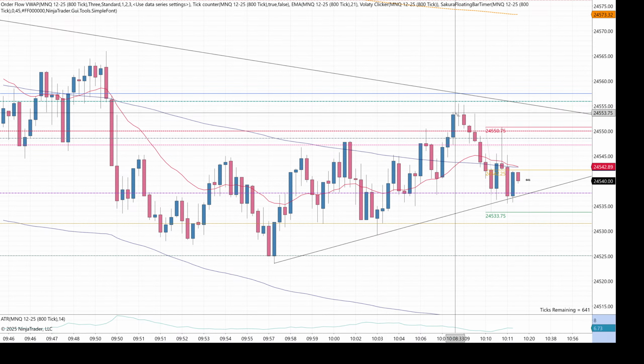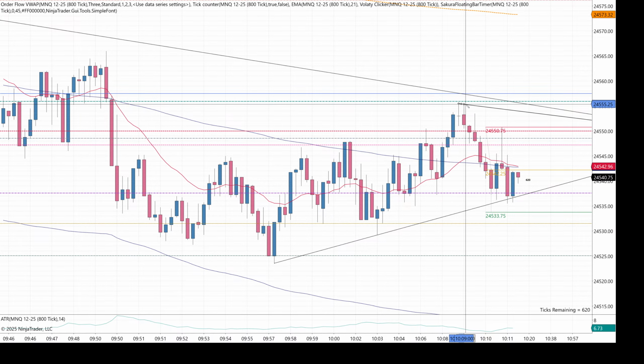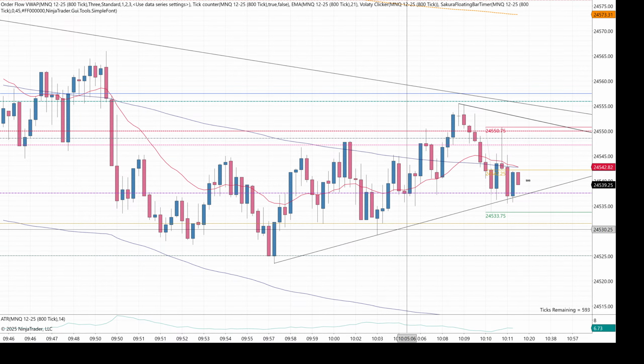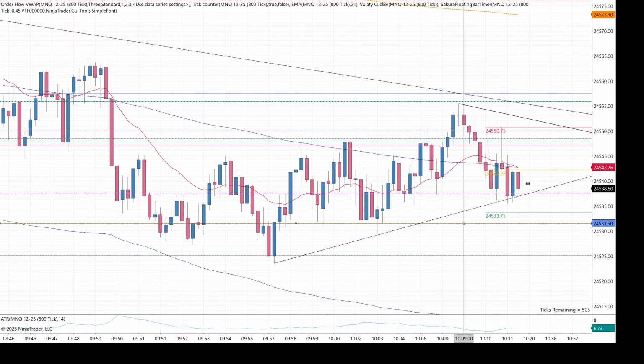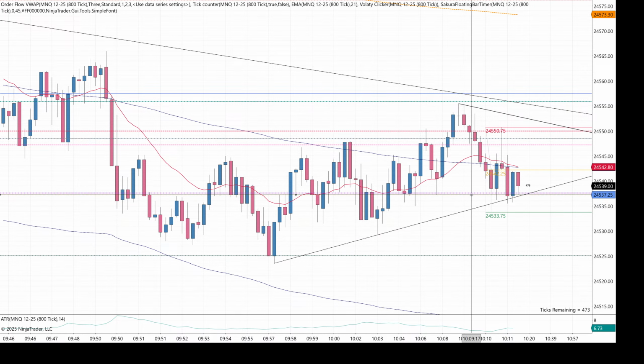Then we're going to draw this trend line like this. Golden ruler probably would have moved to here, and now because this candle closed below it, the golden ruler is up there.